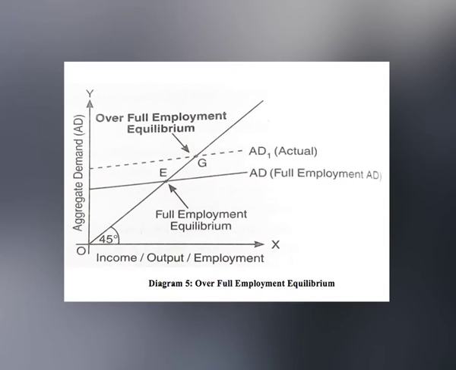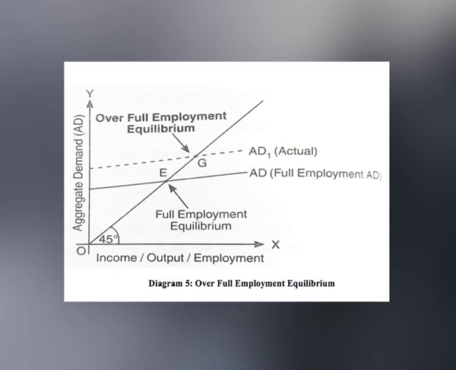The x axis measures the level of output and the y axis measures aggregate demand. AS is expressed as a 45-degree line, whereas the AD line represents aggregate demand. Both the curves intersect at point E, which yields full employment equilibrium, because aggregate demand is equal to the full employment level of output at this point.